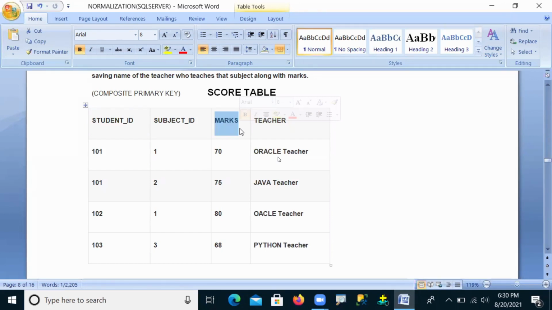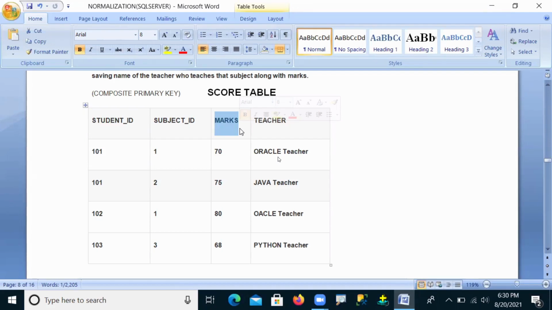Yes, very good. Here, the marks column depends on both, because to write an examination, you need a subject. Who will be the writer? The student is writing. So your marks column is a non-primary key column, but it depends on both primary key columns, both columns of the composite primary key.